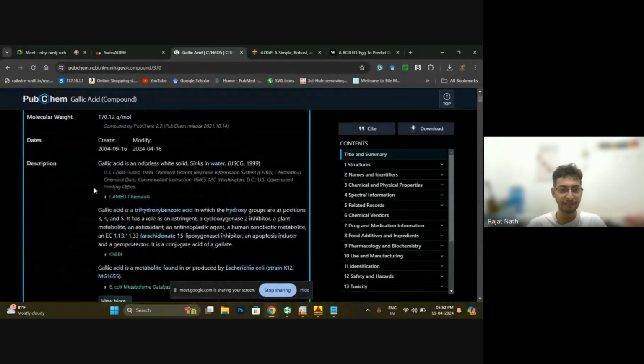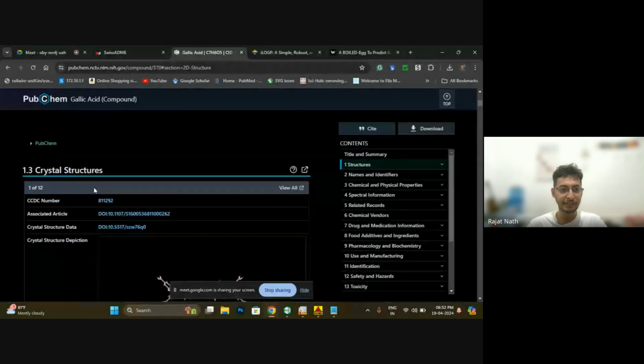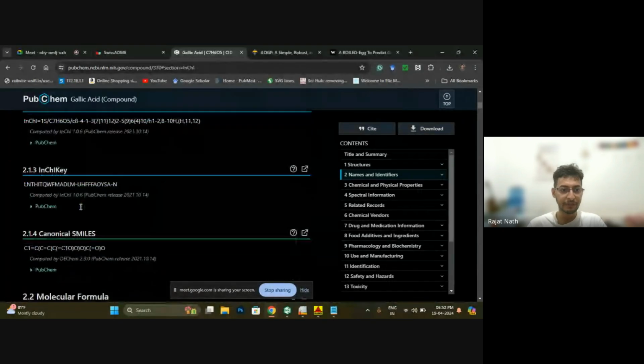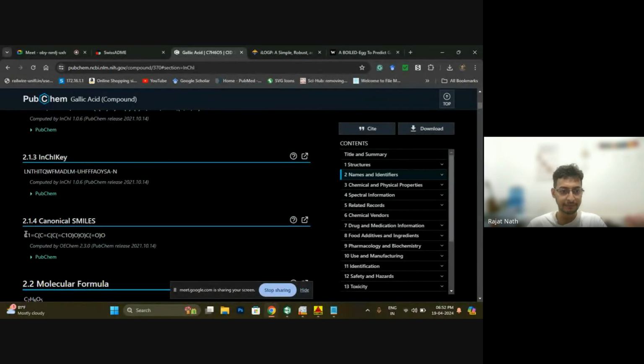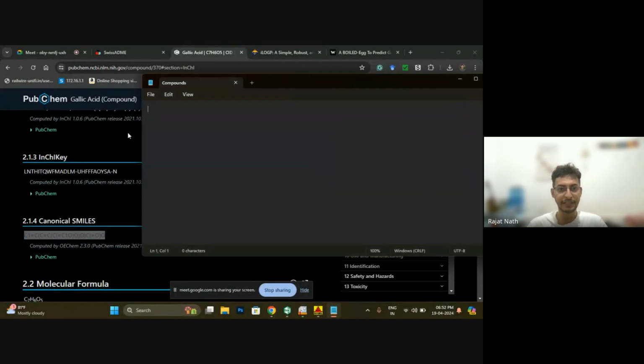So this is gallic acid, and I will just copy the canonical smile. This is the canonical smile of gallic acid, and I will paste it in the notepad. Then I will give one space and write the name of this compound. This is gallic, but I can't give any space here, so I will use an underscore before writing acid. Okay. Then click enter.